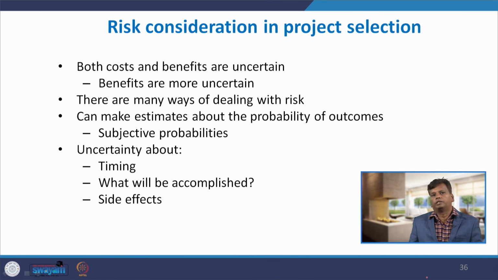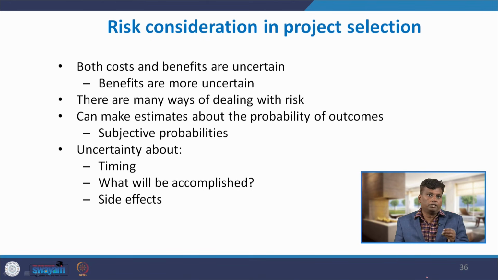Another point, when you go for project selection, is risk, because whichever methodology you use, for the project which you selected, we have to consider the risk of the project also when choosing it. The first one is that both cost and benefit are uncertain. Many techniques we have studied, most of the time we choose a project based on the cost and benefit, but these are uncertain.